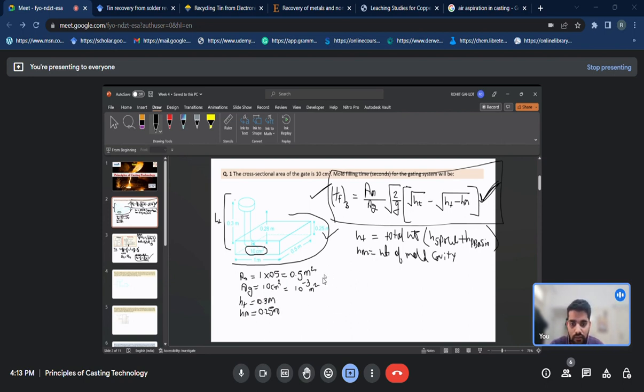So please try to put these values in this formula and tell what the filling time will be for this bottom gating system.